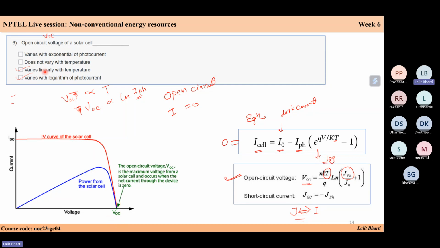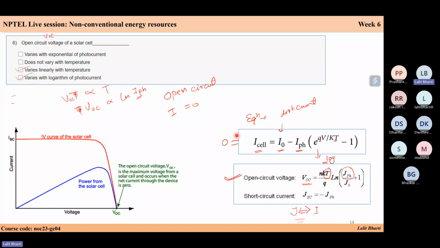So that is not correct. Let me first repeat all the statements. Does not vary with temperature, varies linearly with temperature, varies with the logarithm of the photocurrent. So to understand the relation of VOC with current, you need to take the solar cell equation.